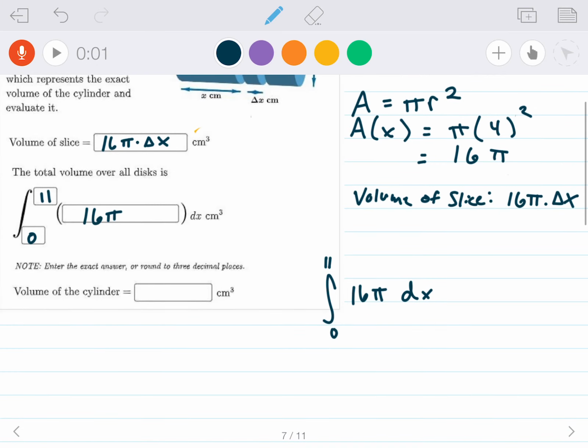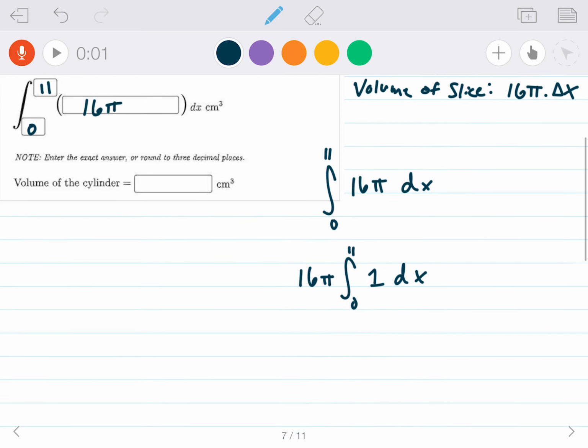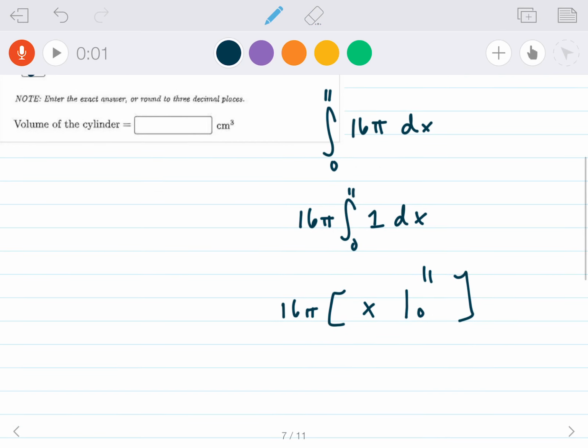I can pull out a 16 pi, and then this guy is going to turn into x, evaluated from 0 to 11. And we simply get 176 pi. So that is the volume of this cylinder right here.